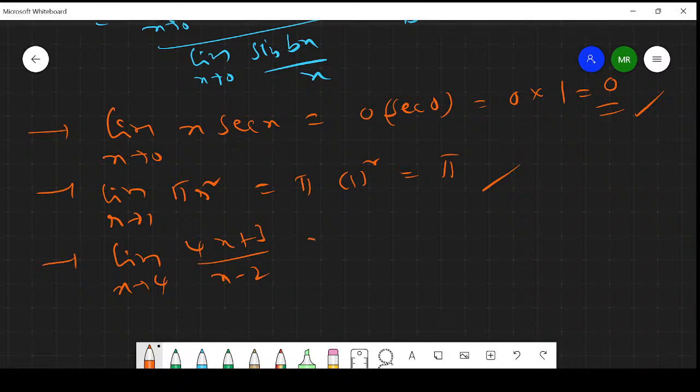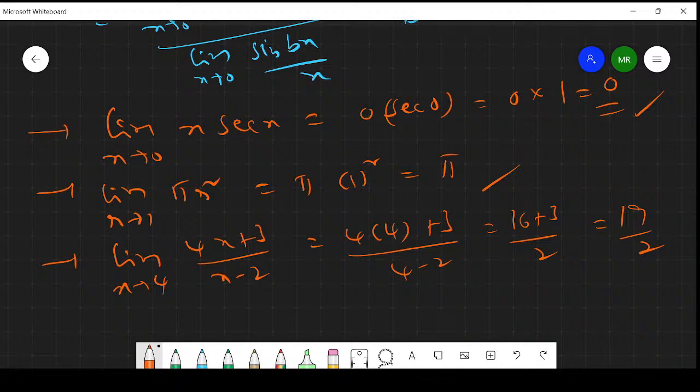If we substitute directly 4 into 4 plus 3 by 4 minus 2, it will be 16 plus 3 by 2. It will be 19 by 2. These are all either 1 mark or 2 marks problems they may ask.